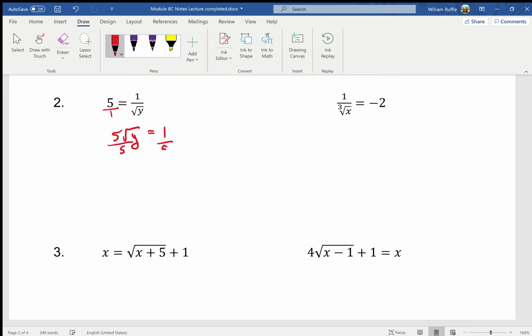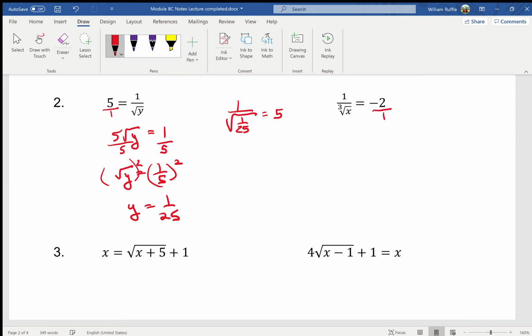So I divide each side by 5, so the square root of y is equal to 1/5. If I square each side to get rid of the radical, I get y equals 1/25. And if I check that out, 1 over the square root of 1/25, and just plug it into your calculator, and you do get 5.